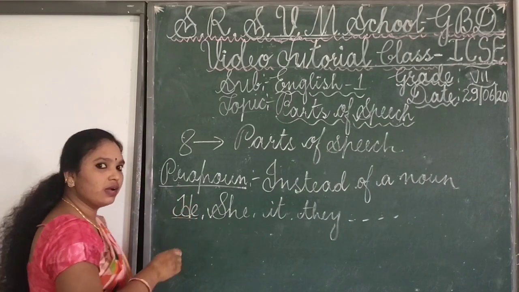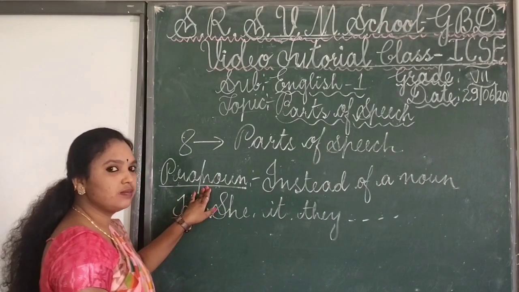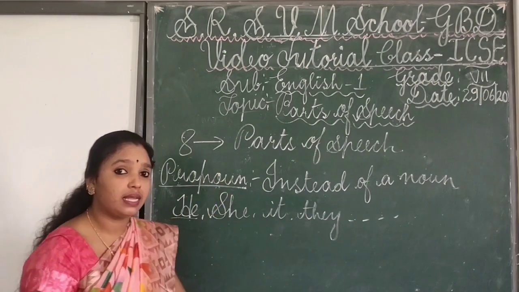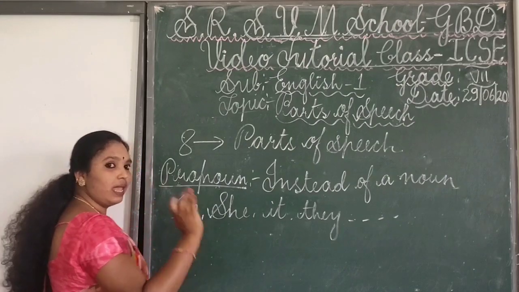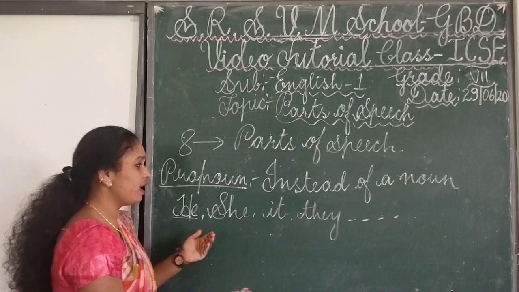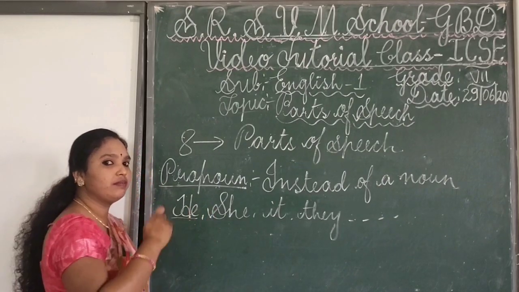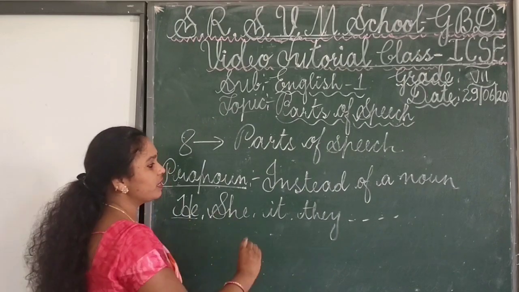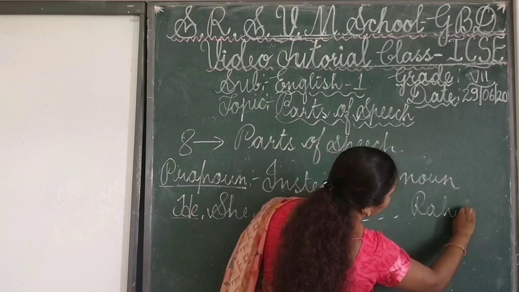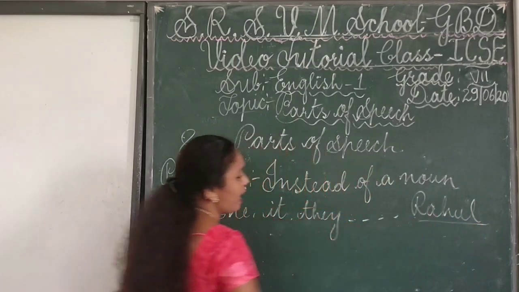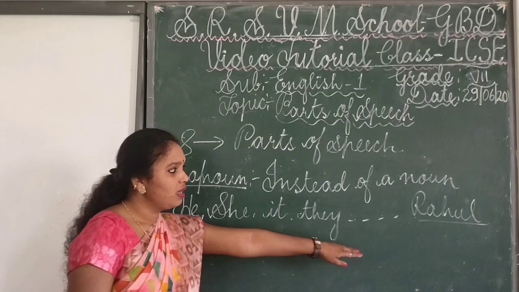Why should we use a pronoun in the sentence? It is just to avoid the repetition of the word in the sentence. One name cannot be repeated again and again when we talk to people. For an example, the word Rahul is a noun and the subject of the topic.